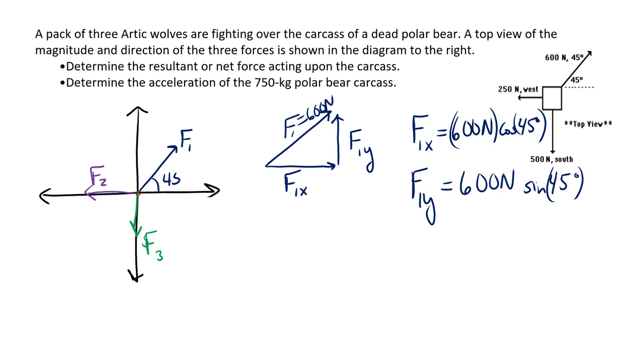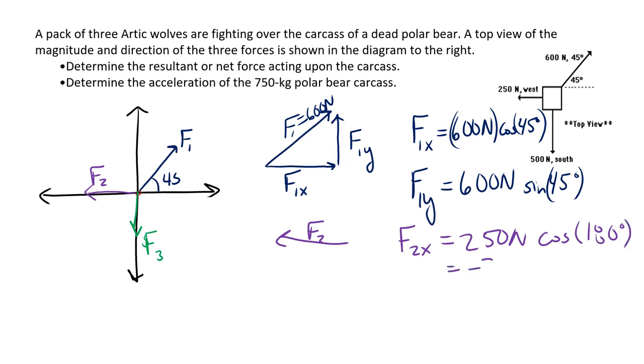I could also look at my graph and say, now I have force 2. Force 2 is at 180 degrees. So I could write force 2 sub x as equal to 250 newtons, which is the length of force 2, times cosine of 180 degrees. Some of you may already see that cosine of 180 degrees is just negative 250 newtons.